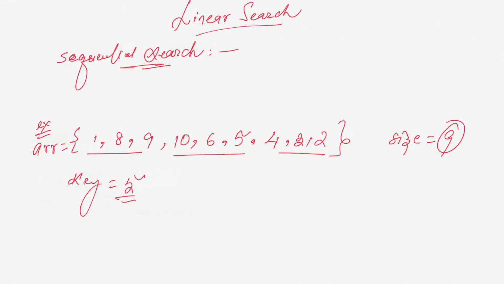As the name suggests, it's sequential or linear. So we need to iterate over each and every item in this list, compare whether it is equal to the key, and as soon as we find the key we come out of the loop.